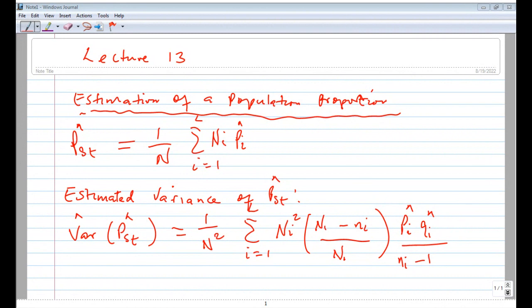So this is the formula that you can use when you want to estimate the variance of the estimated population proportion under stratified random sampling.